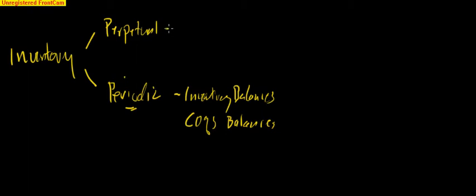The reason a perpetual inventory system is ideal is that computers have made the use of a perpetual inventory system much more common. Think about big box stores like Home Depot, Sam's Club, places like that. They can use a perpetual inventory system.